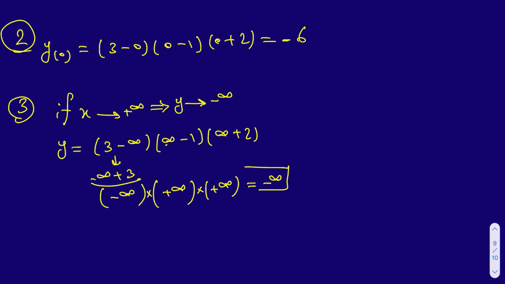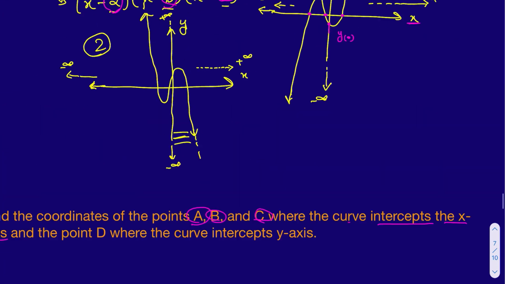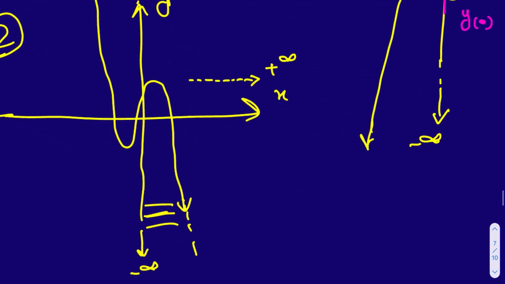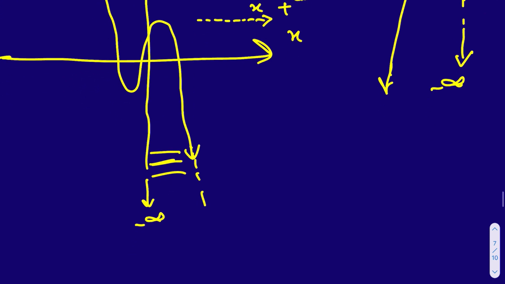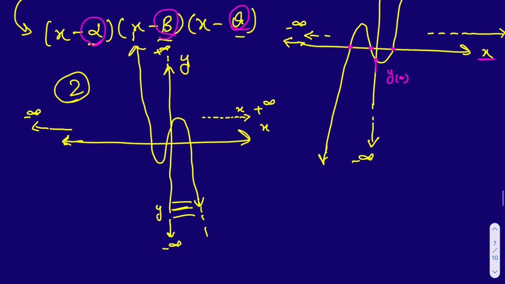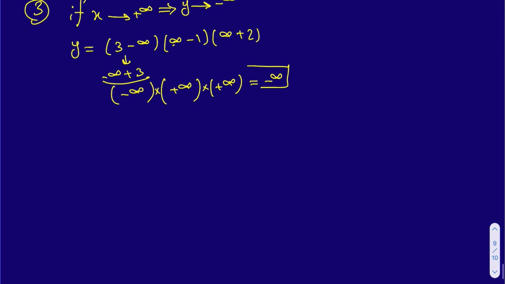In this case, I'm supposed to draw the graph with style number 2, which is here. As you see, if x approaches positive infinity, then y approaches negative infinity. So here is the shape number 2. Okay, so therefore the shape will be something like this.